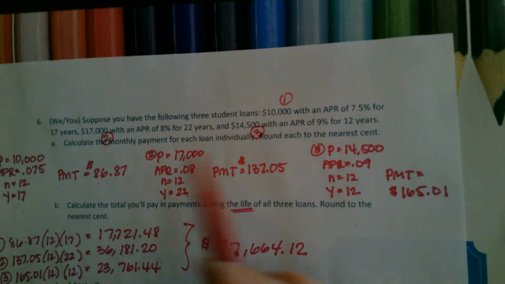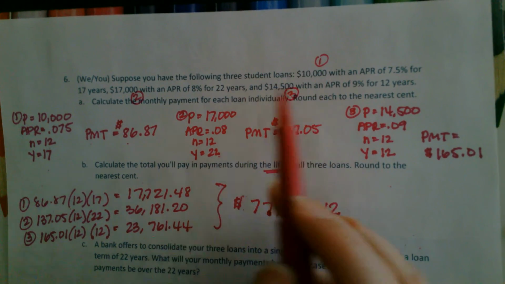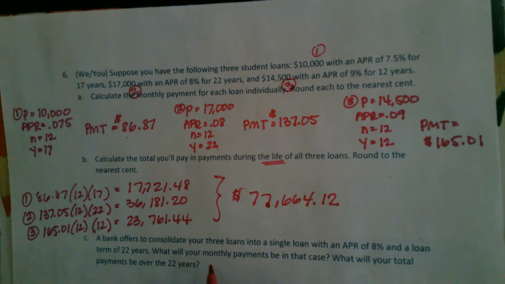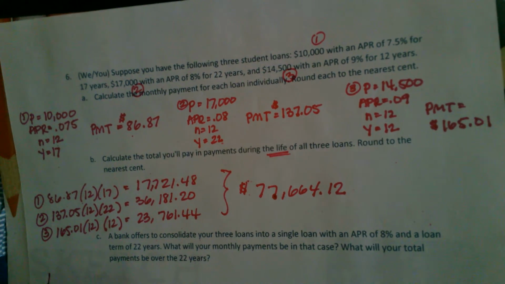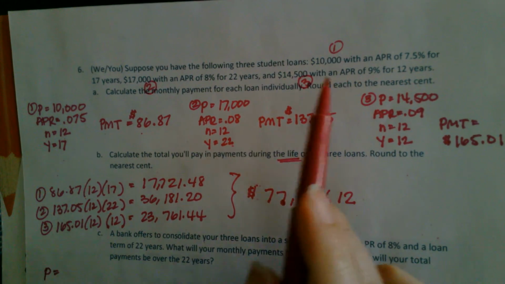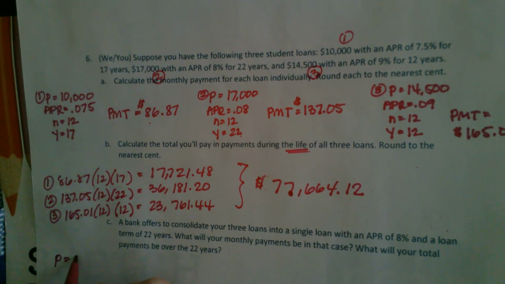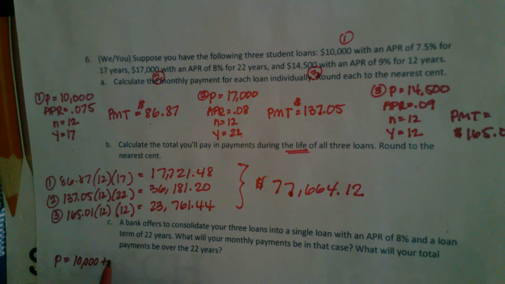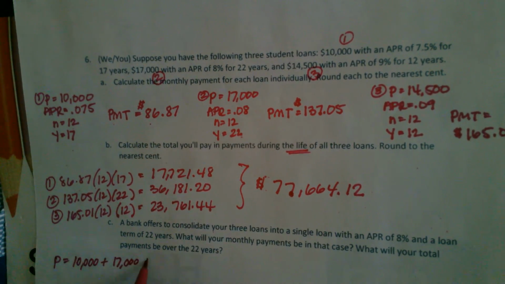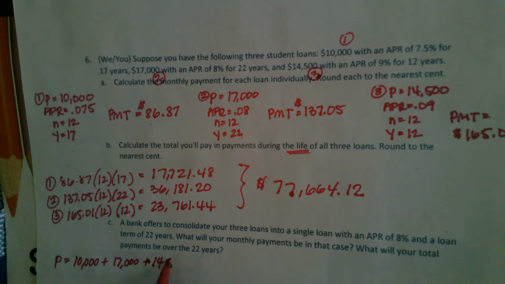So instead of taking 3 loans separately, we're going to take 1 loan for the same amount. So our principal is going to be the sum of our 3 individual loans. So we have 10,000 there, and then we have 17,000 and 14,500.